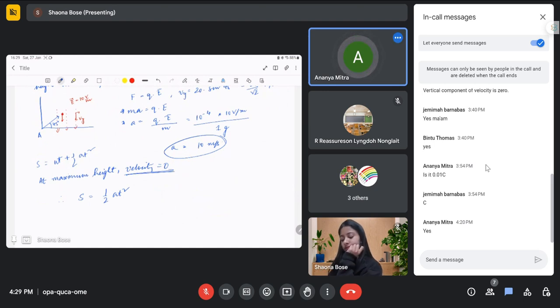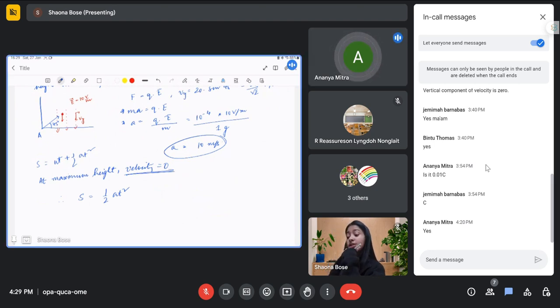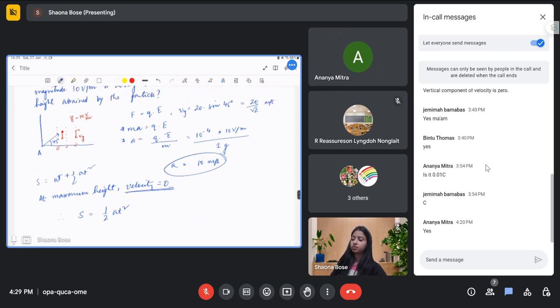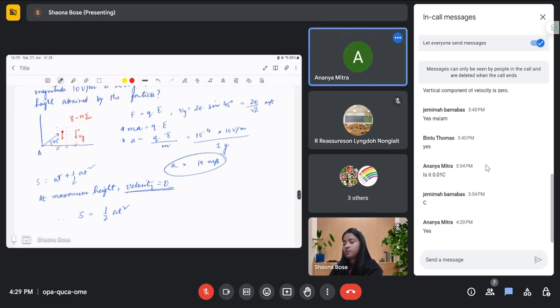Another equation is v equals u plus at. So v is equal to 0, then the initial velocity u equals 20 root 2.